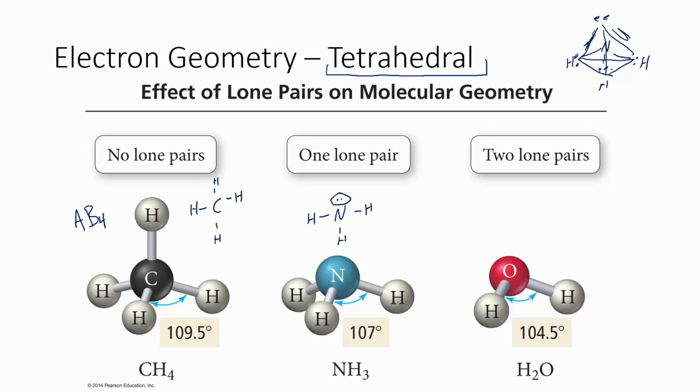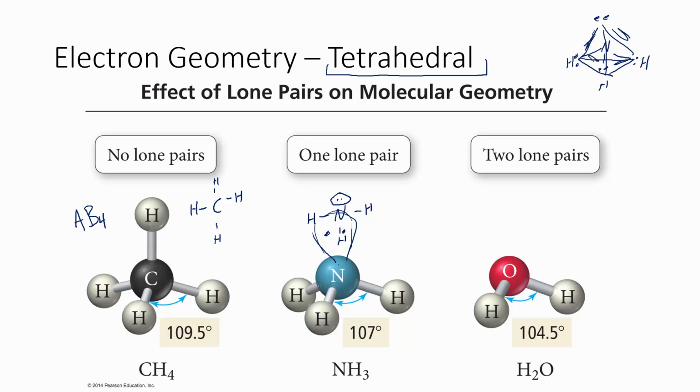So it's a tetrahedron shape overall, but these electrons on the top are not going to be what runs into other molecules. So we're going to ignore those electrons when it's time to write up or talk about the shape, because what's actually going to crash one molecule into the next is the nuclei, the center of where those electrons are located.